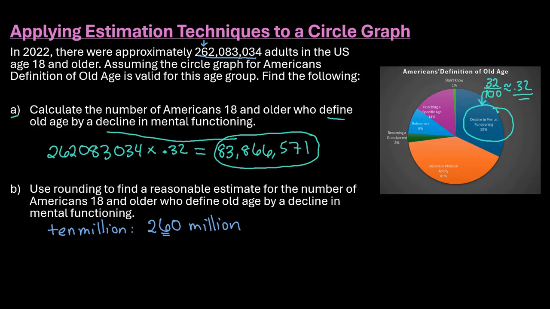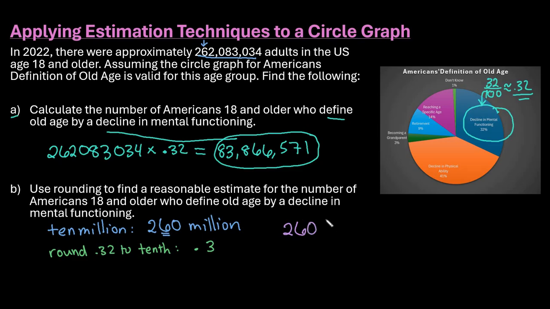Okay. I'm also going to choose to round the 0.32 to the nearest tenth. So it would be 0.3. So again, the more you round, the less precise your answer is going to be. So there's going to be a significant difference in this.